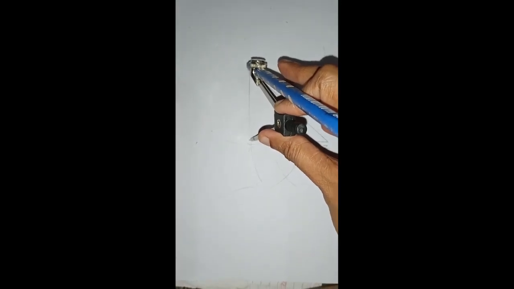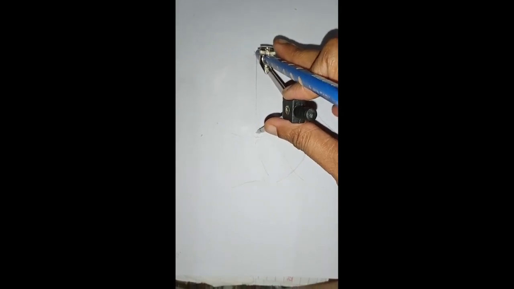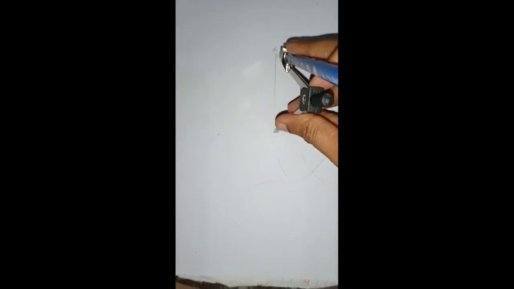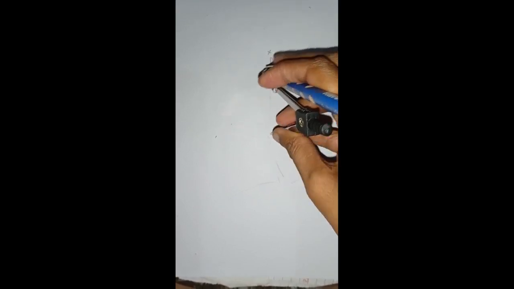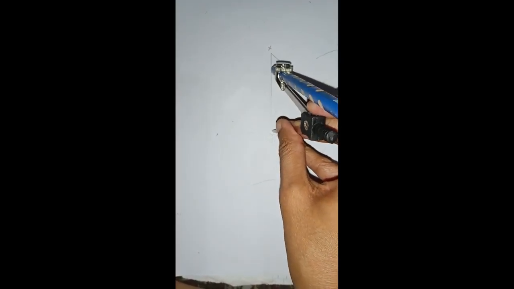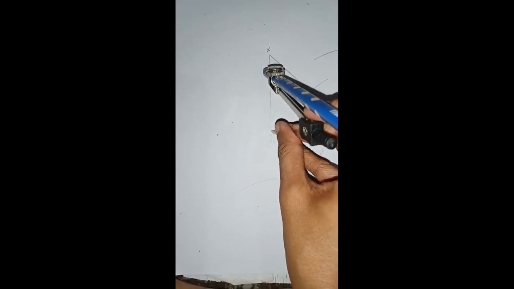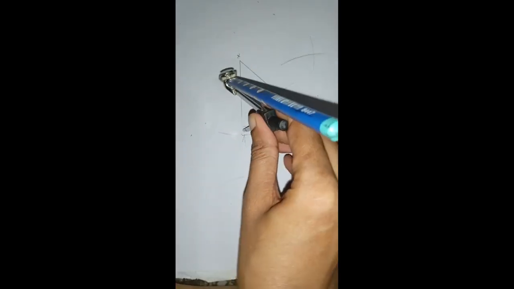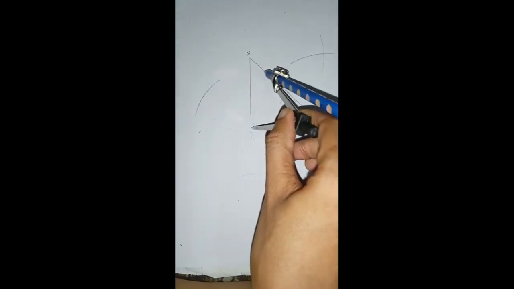Now keep the rounder on point Y, take more than half distance on segment XY and draw the perpendicular bisector on segment XY. On segment XY, draw left side and right side arcs on both sides.